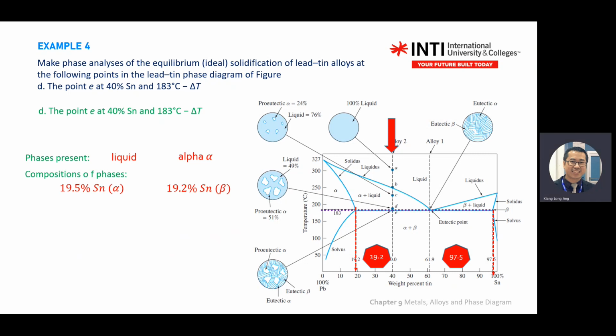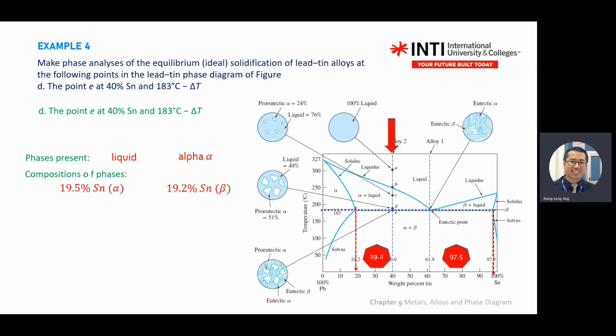So reverse back, just now. For eutectic point D section, we focus on left hand side, right hand side. Okay. So for E, we have liquid and alpha, not beta. Sorry, correction.